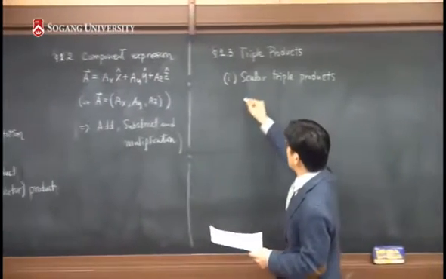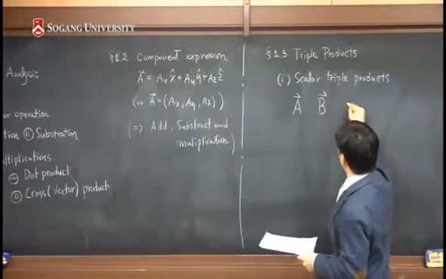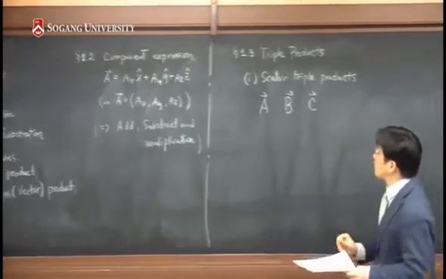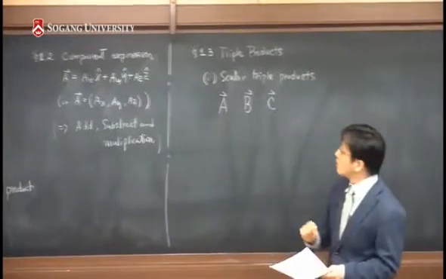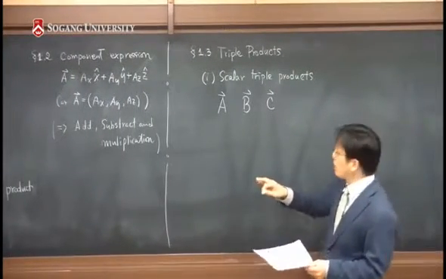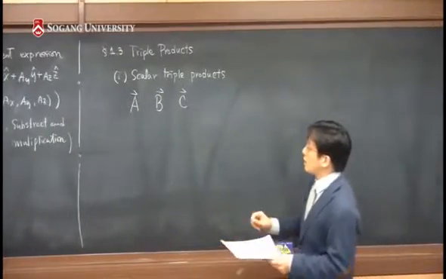Let's say there are three vectors, A and B and C, and let's say we want to multiply all three together, but in a slightly different way. The first one is the one which can be a scalar at the end.